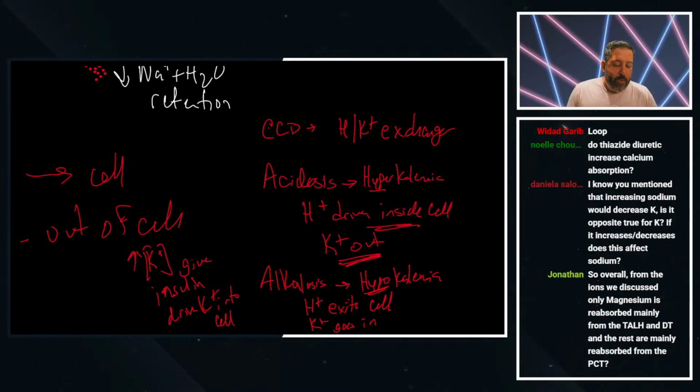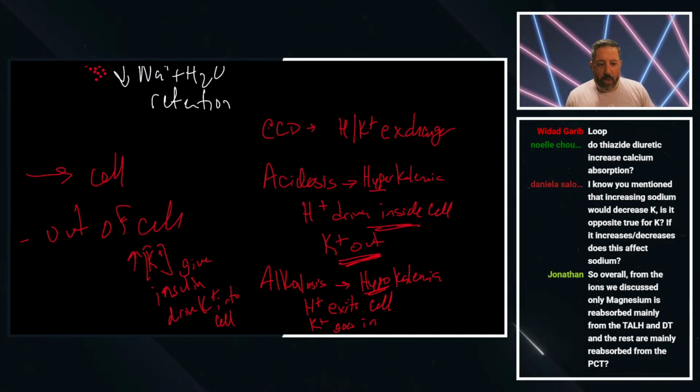A lot of them get reabsorbed in different segments of the tubules. The bulk still happens for some of these. The bulk of sodium reabsorption occurs in the proximal tubule. We mentioned the bulk of the magnesium is in the thick ascending limb and the distal tubule. You kind of have to go to that chart to see the different percentages where the bulk is absorbed.